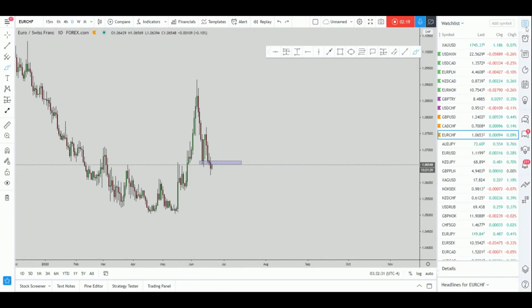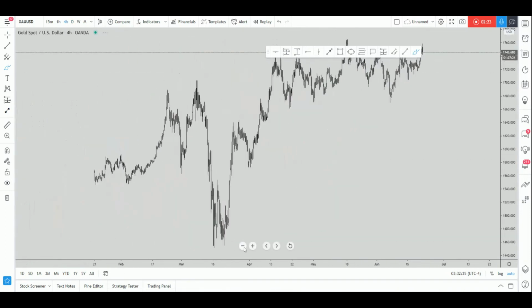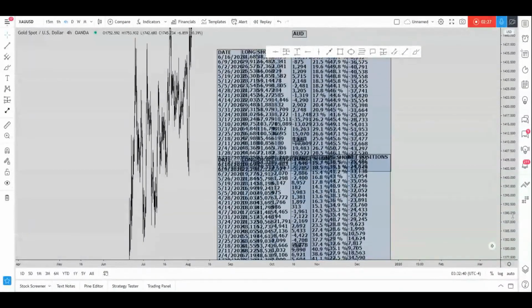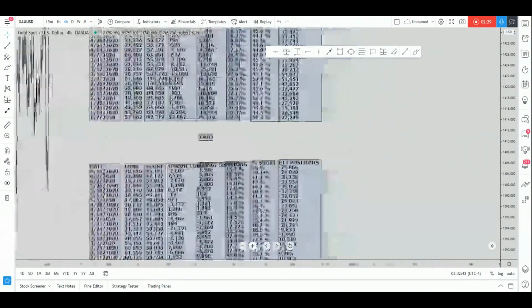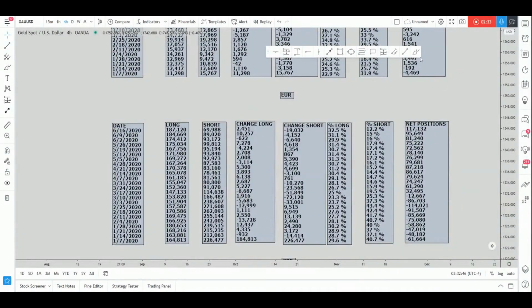First of all, let's give a quick check at what we have from a COT perspective on the euro and on the CHF. So what hedge funds, the non-commercials, the biggest speculators in the market, are currently doing on the euro and on the CHF. Now, if we check the euro data, what we can see is that in the last reports, they have been closing thousands of short positions and adding thousands of longs.